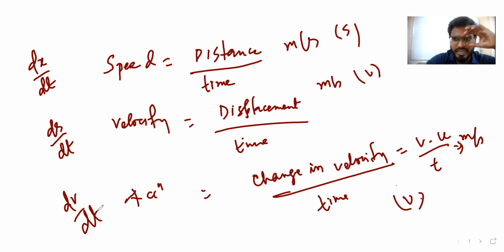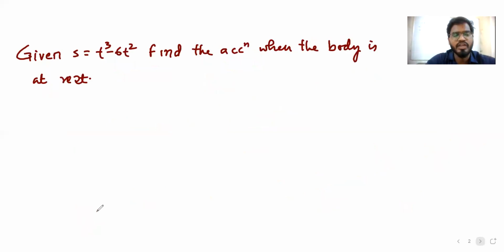Let's start today's class. The first numerical says: given s is equal to t cube minus 6t square, find the acceleration when the object is at rest. For this, we'll have to find acceleration, but first we have to find velocity because displacement is given.